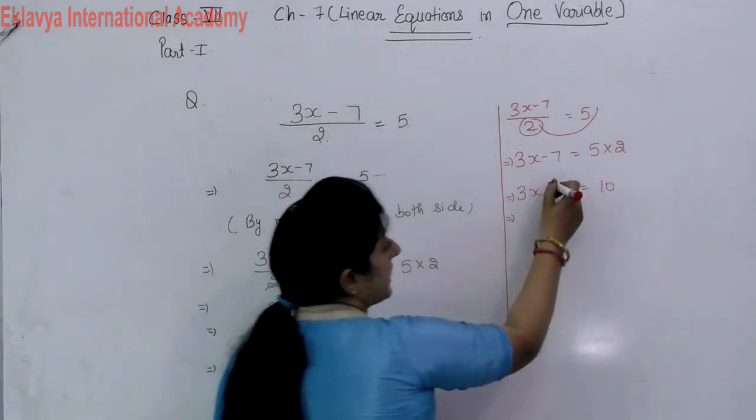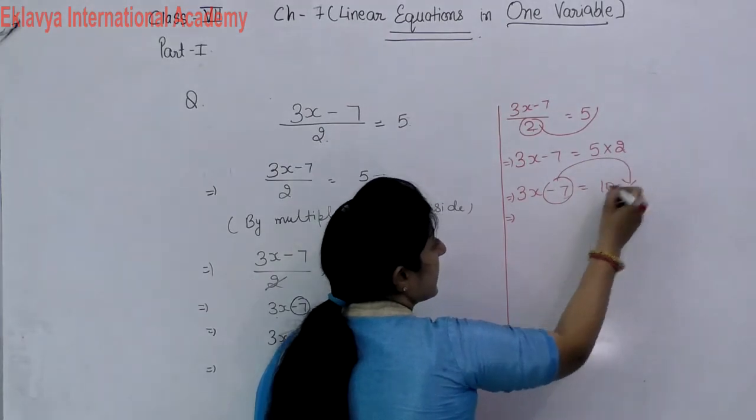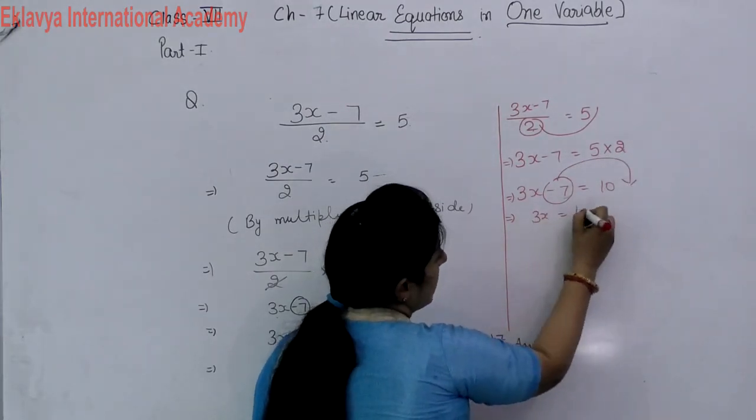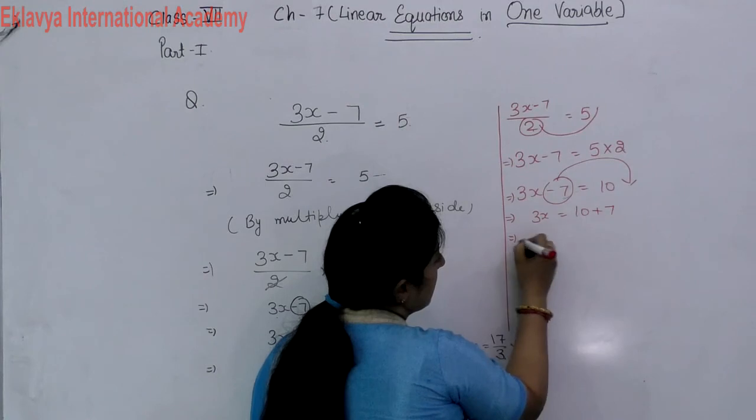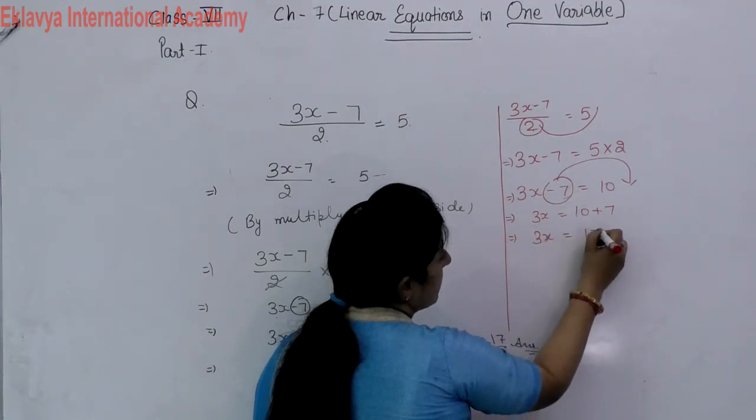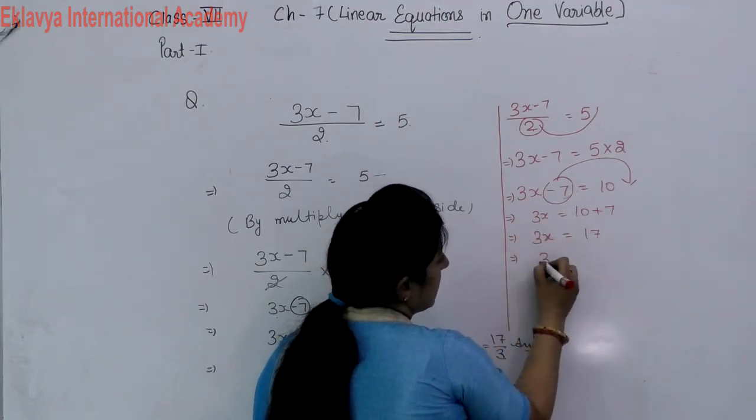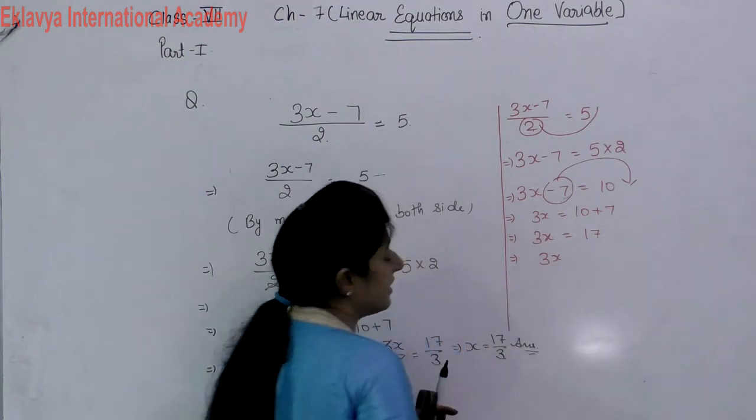Now this one is -7. When you change the side, it will come as +7. We solve the same type of terms first. Then 3x = 17.